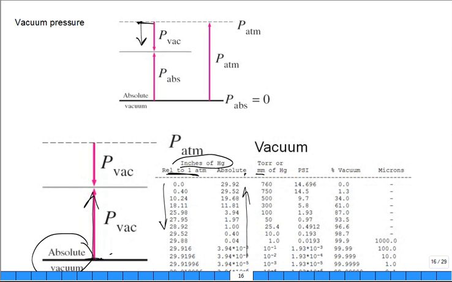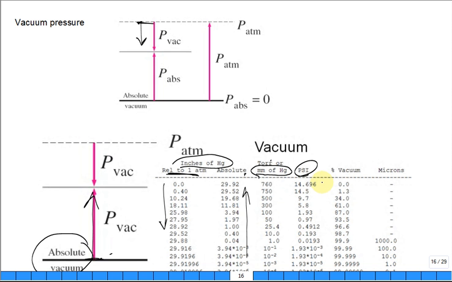There's torr, and a torr is 1 millimeter of mercury. So 760 millimeters of mercury is the atmospheric pressure measured up. Or 760 torr. Okay, they're the same. A torr is 1 millimeter of mercury.